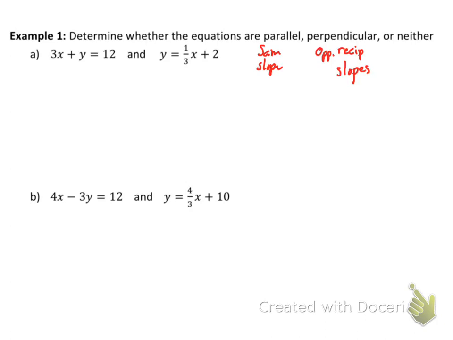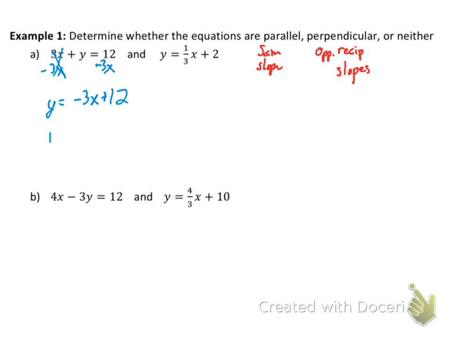And you'll notice in A, the second equation, y equals 1/3 x plus 2, that's already in slope-intercept form. But what I have to do is I need to get this first equation, 3x plus y equals 12, into slope-intercept form. So all I have to do is move the x over. And I'm going to get y equals negative 3x plus 12.